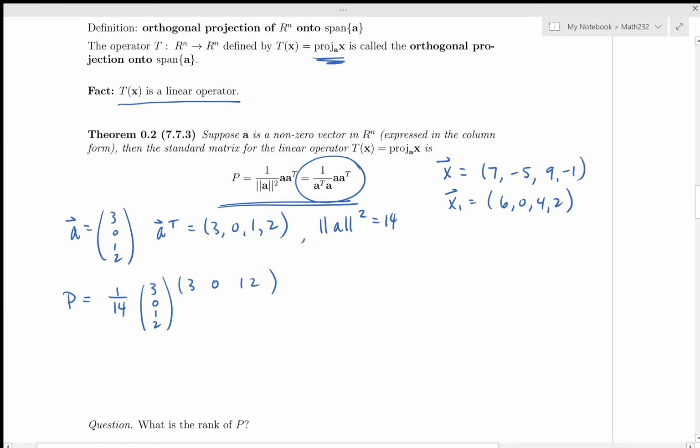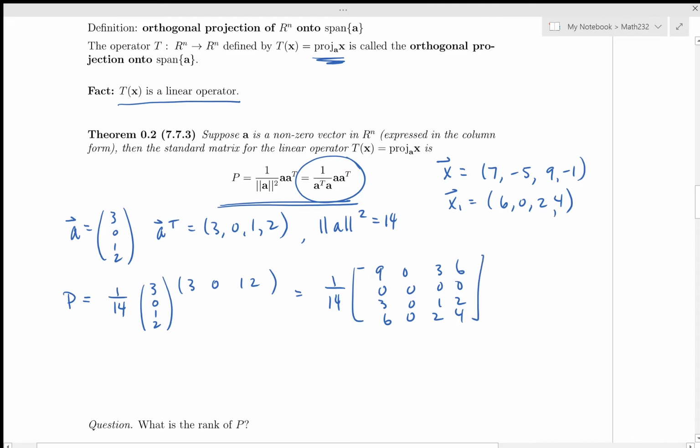This is the outer product, and so that is 1 over 14 times the matrix 9, 0, 3, 6, 0, 0, 0, 0, 3, 0, 1, 2, 6, 0, 2, 4. I wrote this down wrong earlier: 6, 0, 2, 4. That's the answer from before. So I've got a matrix here.